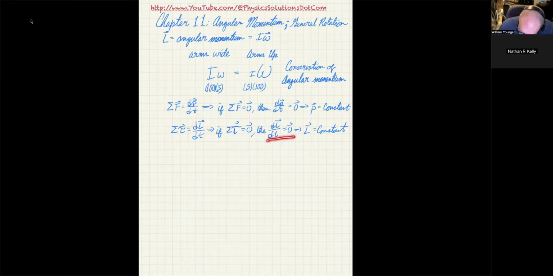So dL/dt is equal to zero, and the only way the derivative of the angular momentum vector can be equal to zero is if the angular momentum vector is a constant, and that's what we say here. L is equal to a constant. That is the very definition of conservation of angular momentum.